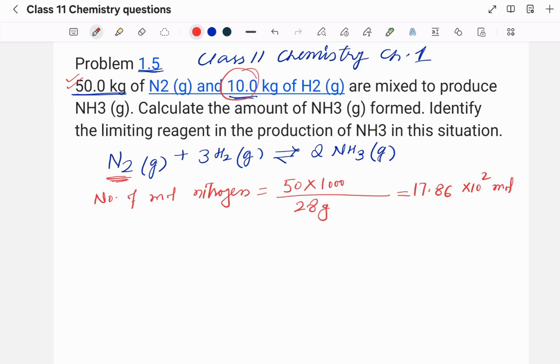Now for hydrogen, we are going to calculate the number of moles of hydrogen.